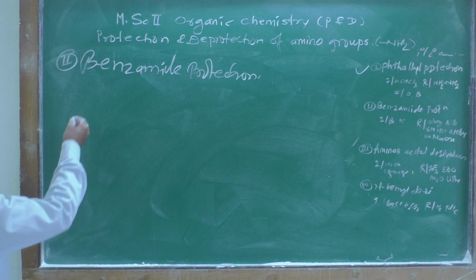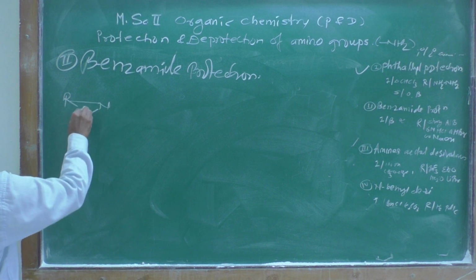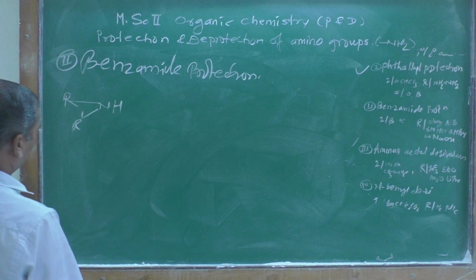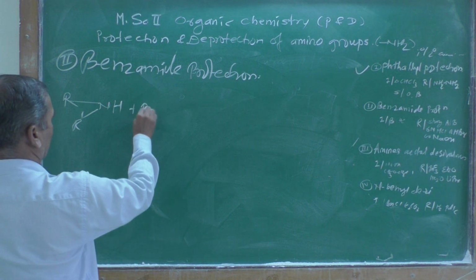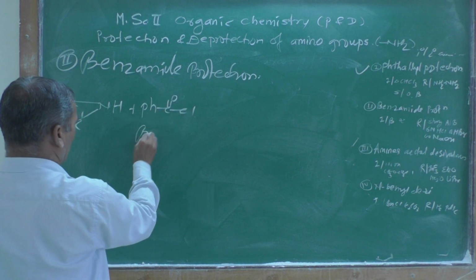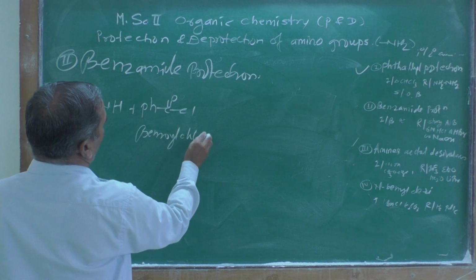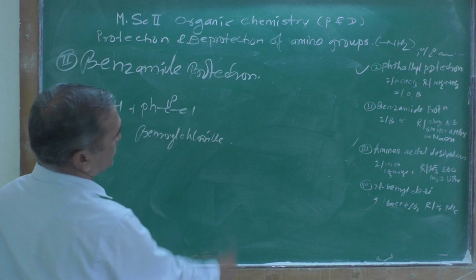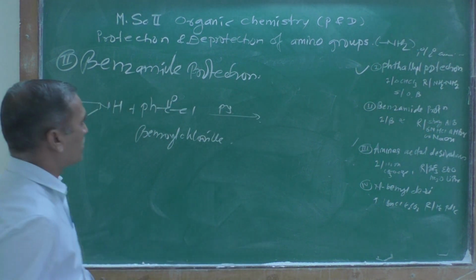Let us see here. Suppose we have a starting compound like this, a secondary amine, R-NH-R', and it is treated with PhC(=O)Cl. This is called benzoyl chloride, and it is introduced under basic condition.